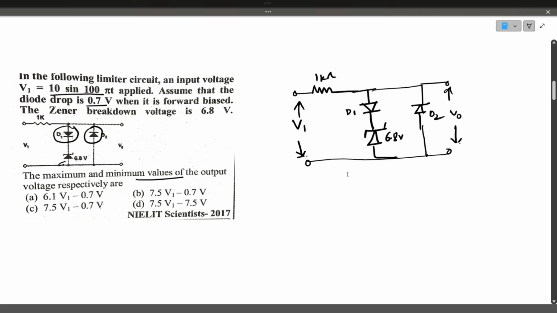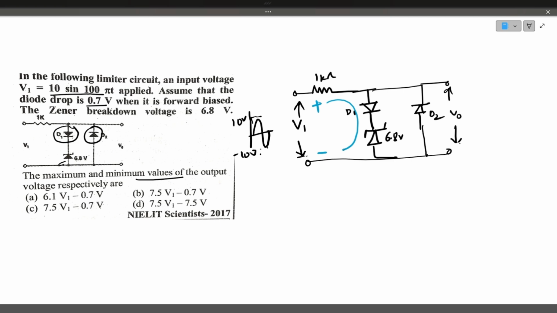So what happens here? V1 is a sinusoidal wave of 10 volts amplitude. This is 10 volts and this is minus 10 volts. So during the positive half cycle, what happens? Diode D1 conducts and current flows in this way, because diode D2 is off.